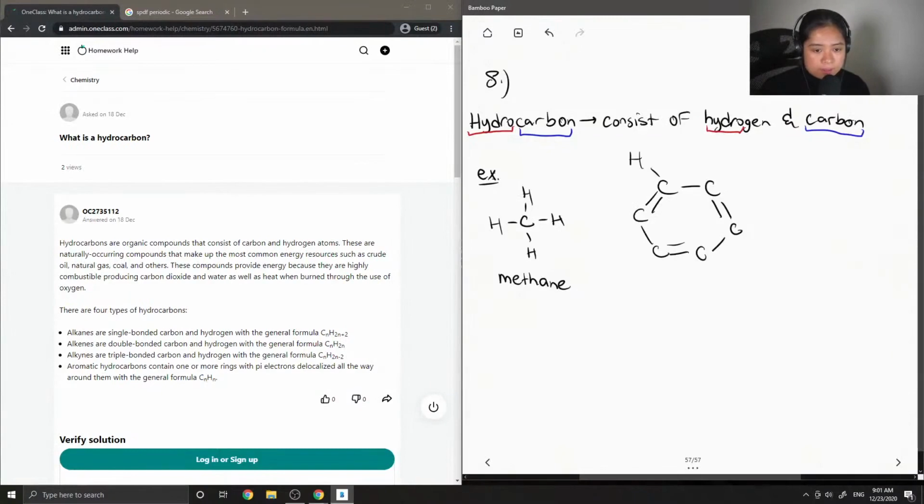So this is an aromatic 6-membered ring that only contains carbons and hydrogens, and it is called benzene. So this is another example.